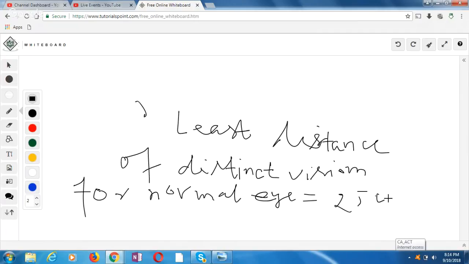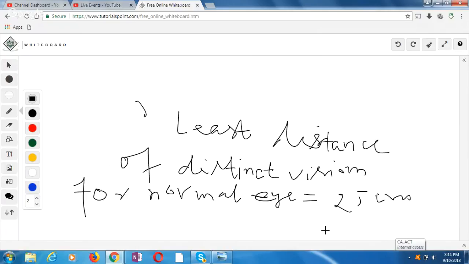What do I mean by it? Anything which is less than 25 centimeter, looking at that object without straining of the eye would not be possible. I mean, the proper image of that object on the retina would not be possible to be made without straining your eyes. And that is what is called least distance of distinct vision.